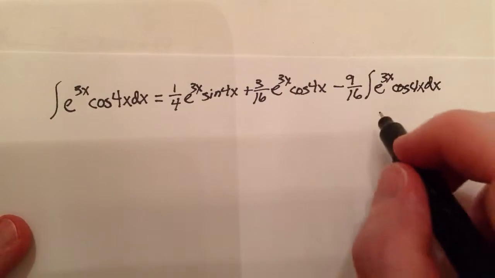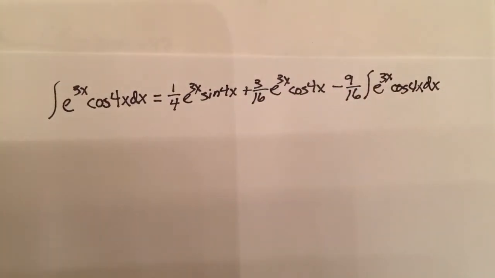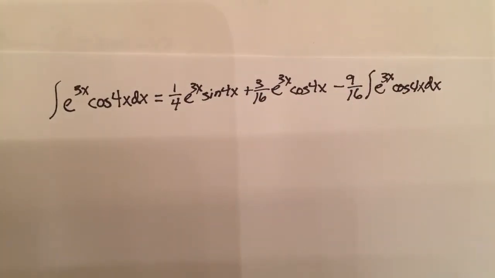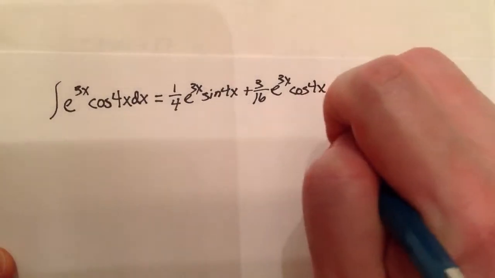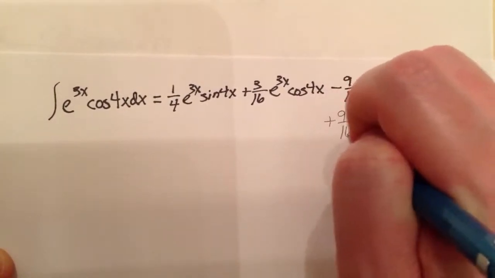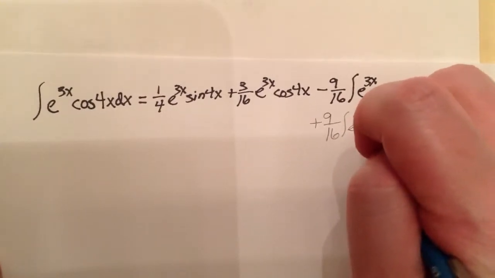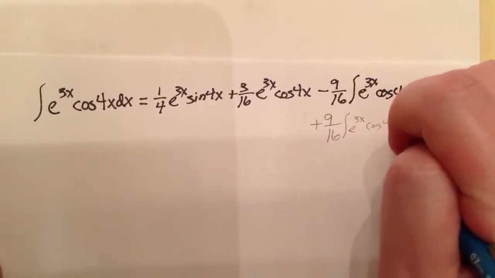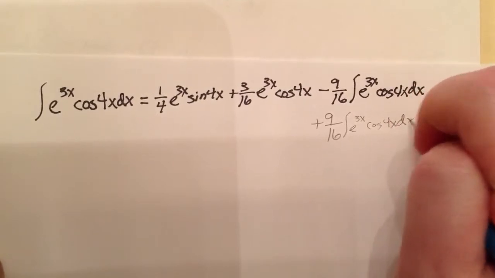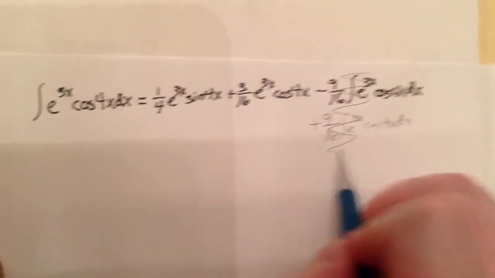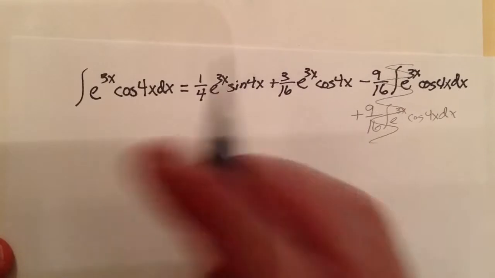We have like integral terms, so we can add 9/16 of the integral to both sides, so at least this particular portion cancels out.